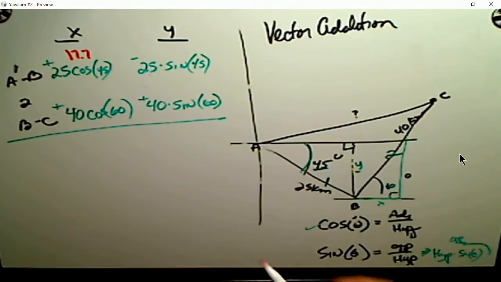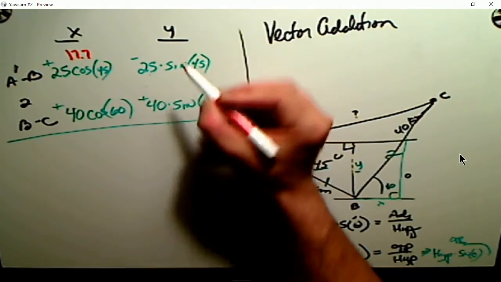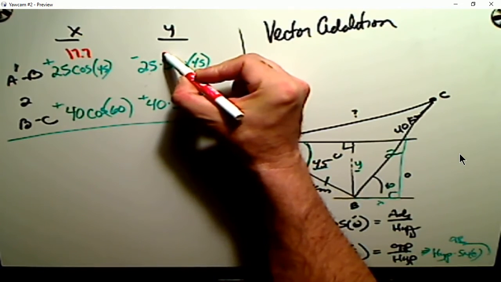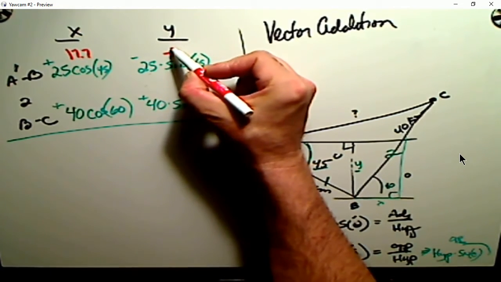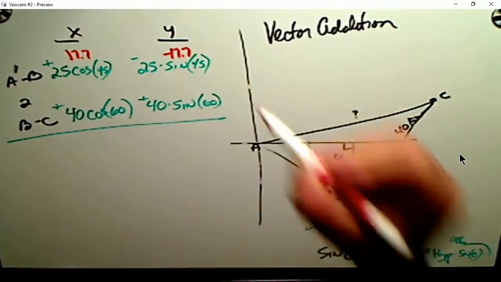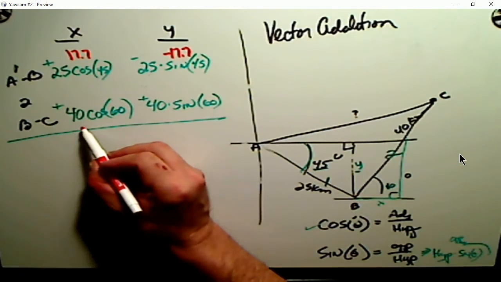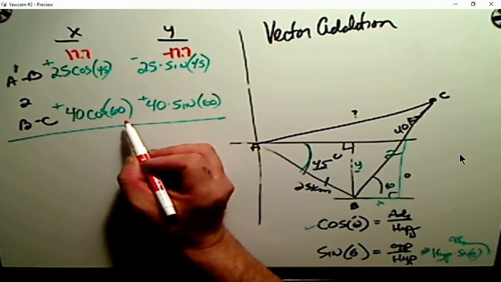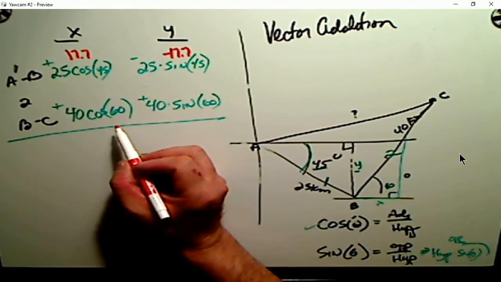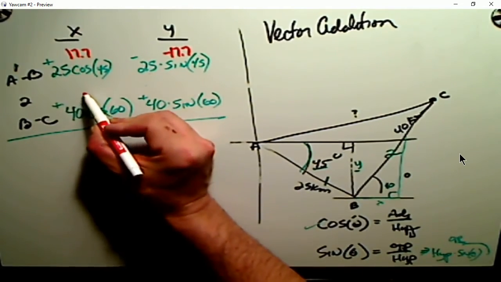Okay. 25 times sine of 45, negative, it's going to give me negative 17.7. 40 times cosine of 60, cosine of 60 is equal to 0.5, so 40 times that is going to give me a 20 positive.